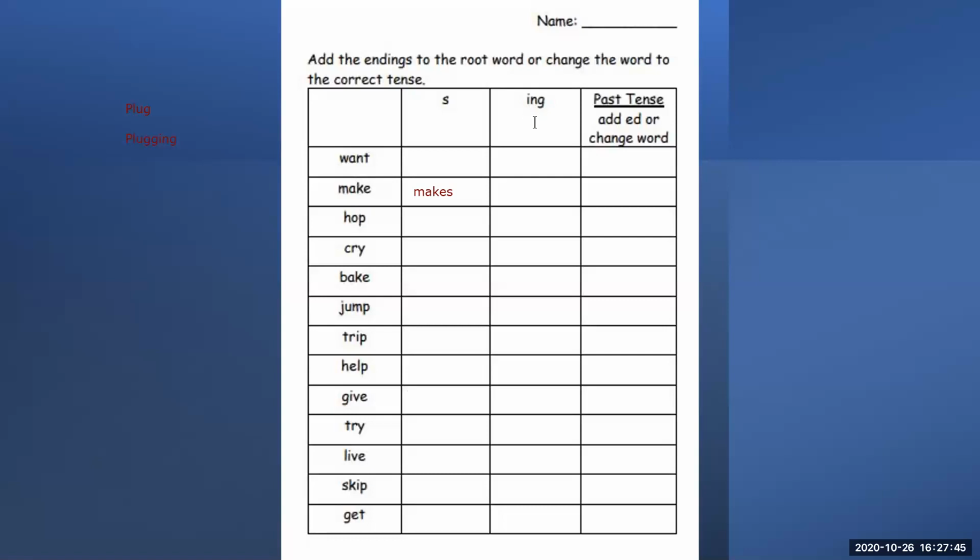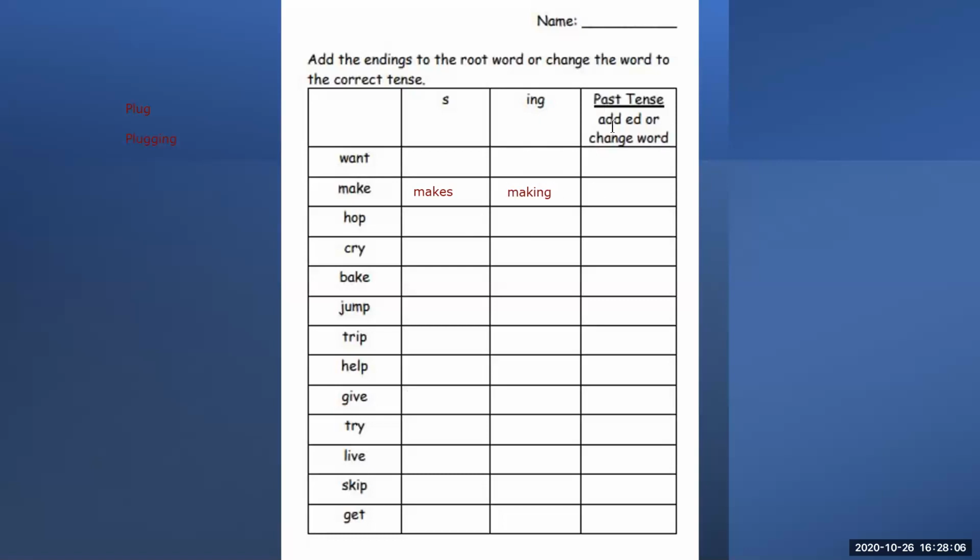What did you have to do? Right, you had to drop that E first. You had to get rid of it before you could add the ing, because I and E in this case don't like each other that much. So your verb then is making, all right?